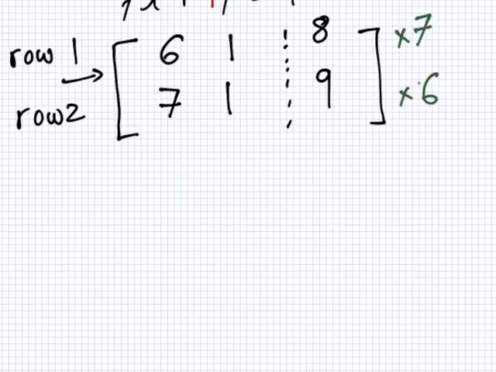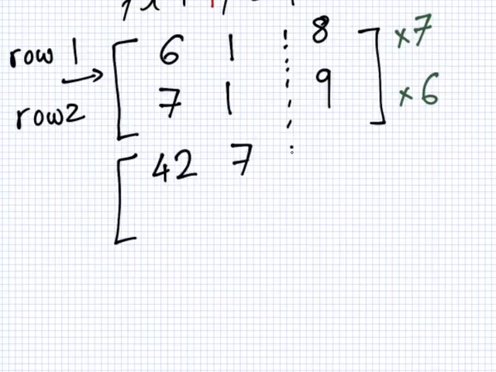If I multiply by 7, what do I get here? 42. Next? 7. 56. Okay, and if I multiply by 6? 42.